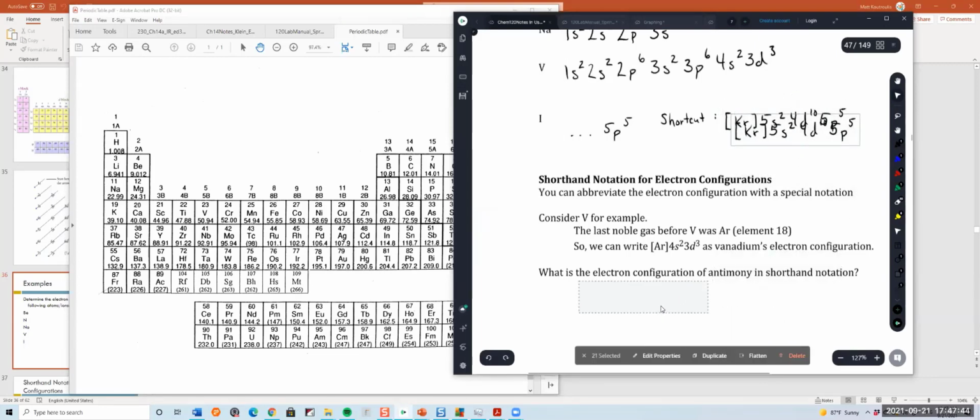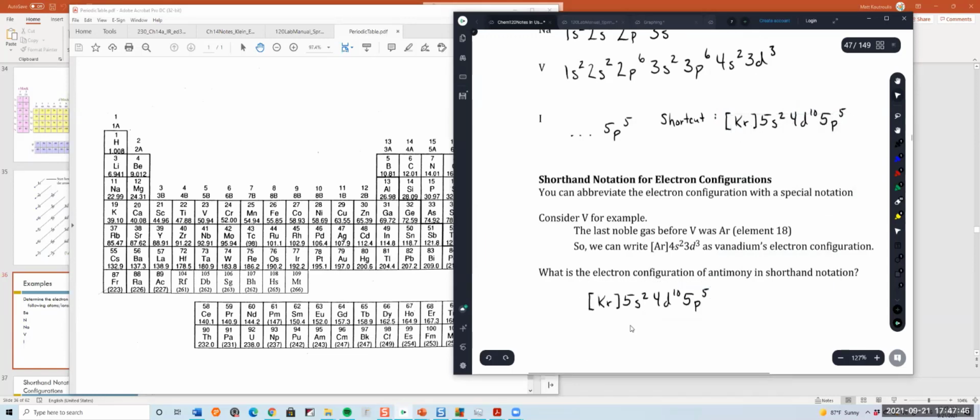Same as iodine, but just 2 less electrons. So this takes a bit of practice. This is very confusing at first, but once you've done it quite a bit, it becomes pretty easy.